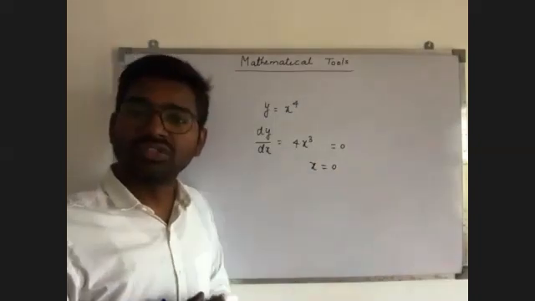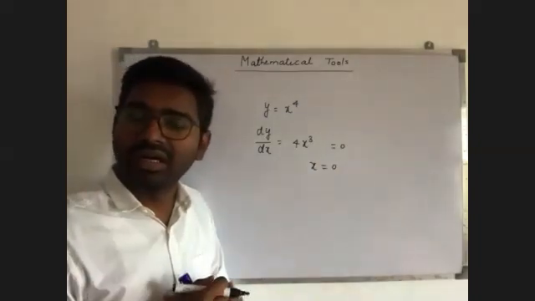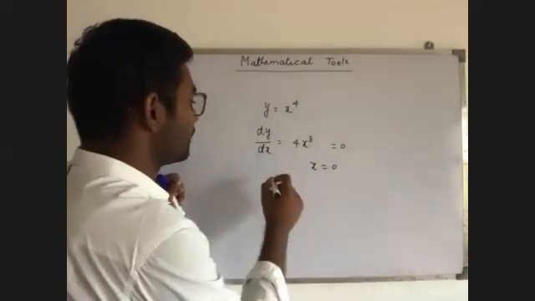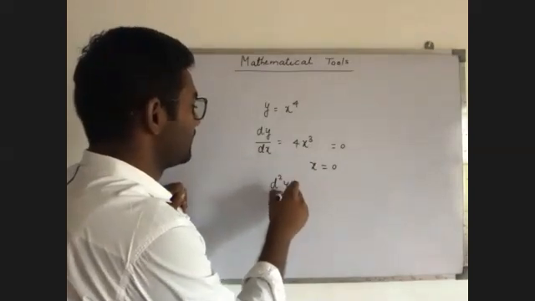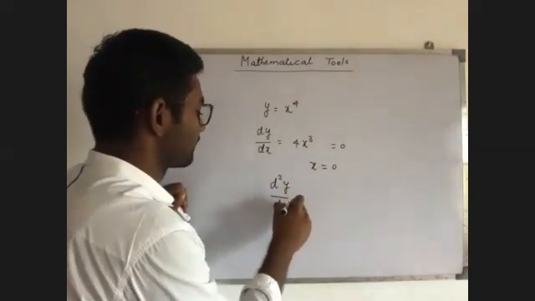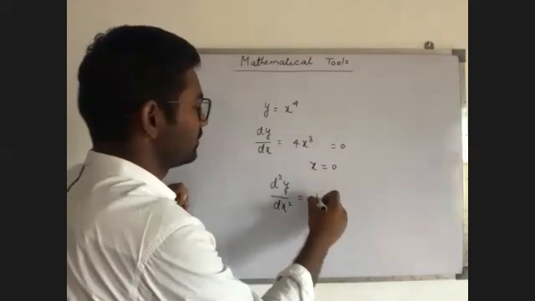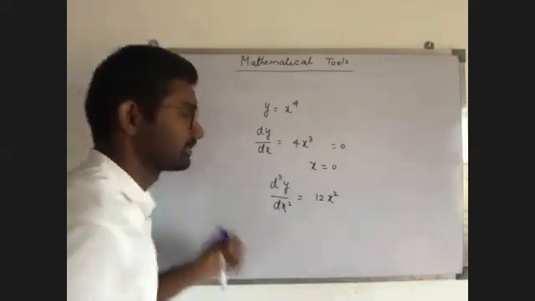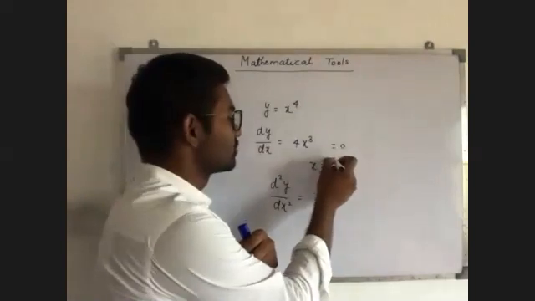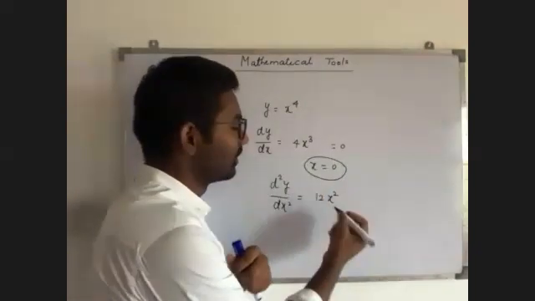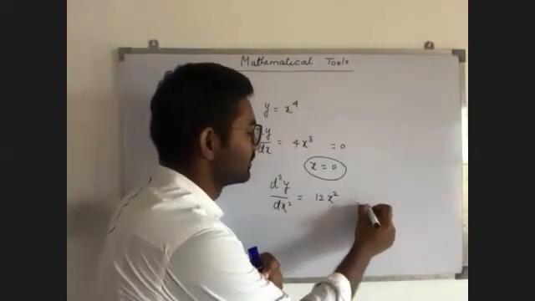Now x equals 0 is going to have a maxima or minima. Now what do we do? d2y over dx square. That is going to be 12x square, right? At x equals 0, d2y over dx square is 0, right?